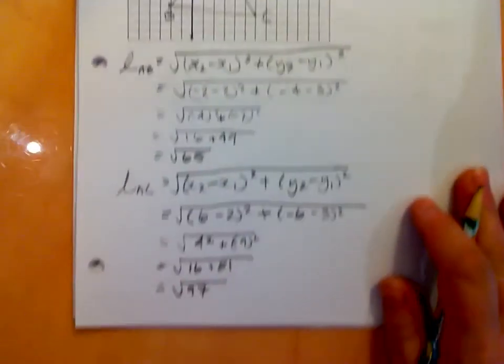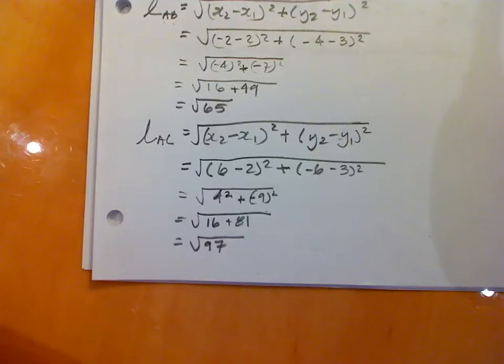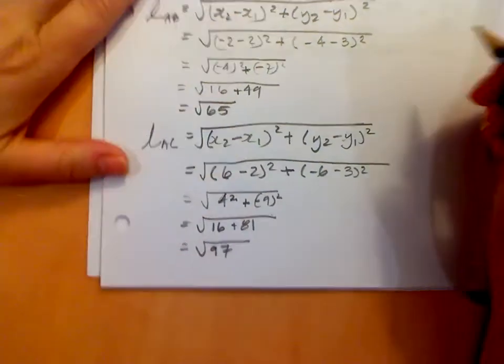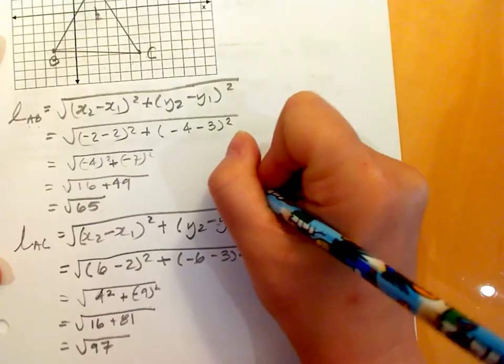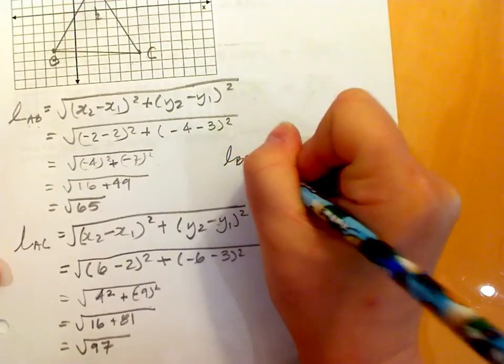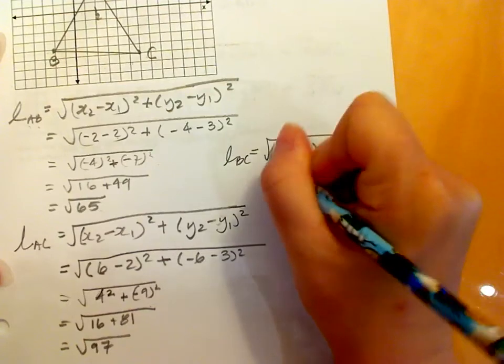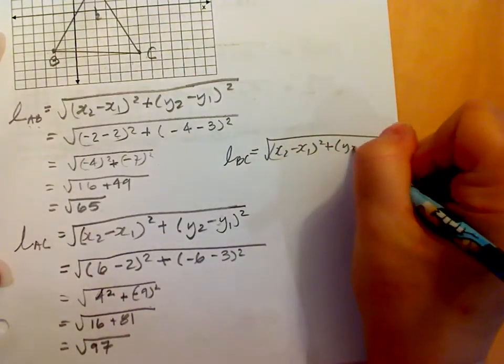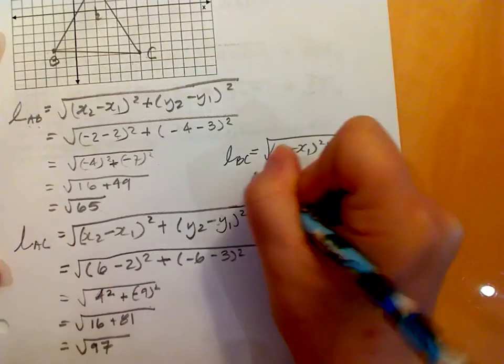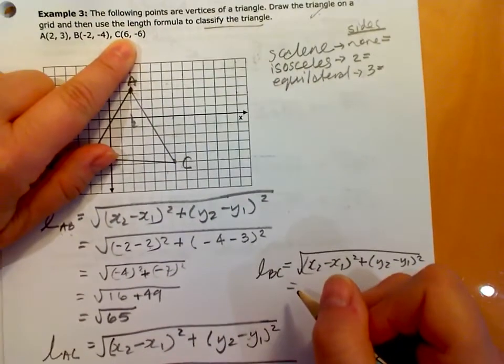Okay, let's do the last one because we still have to. See, if the question was, write if the triangle is equilateral or not, we could be done because we can see it's not equilateral. But that's not the question. The question is to classify the triangle, so we have to know all three lengths. And then let's fit in here the length of BC, x2 minus x1, y2 minus y1, and here are my points.